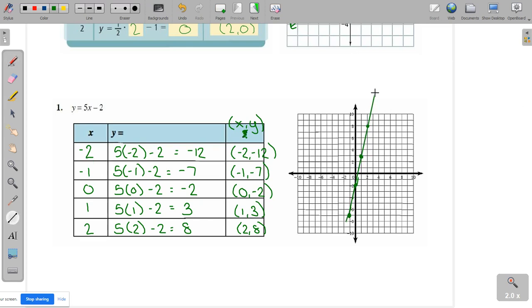There we go. And I just have to continue it. And then arrows on the end. Okay, let's go on to the next problem.